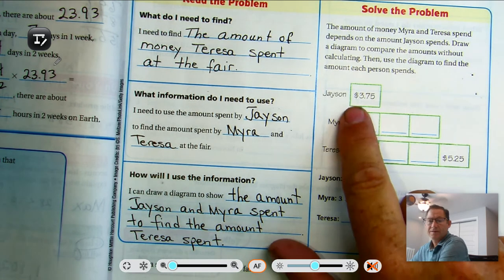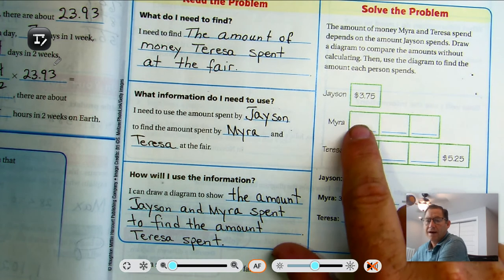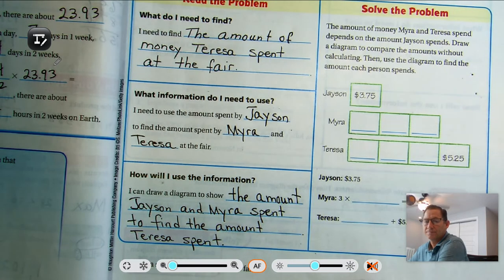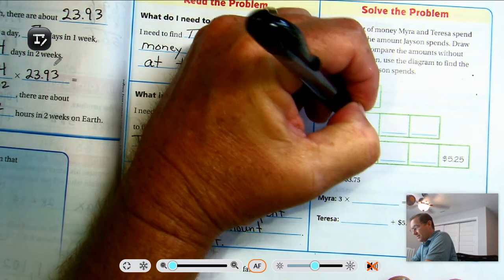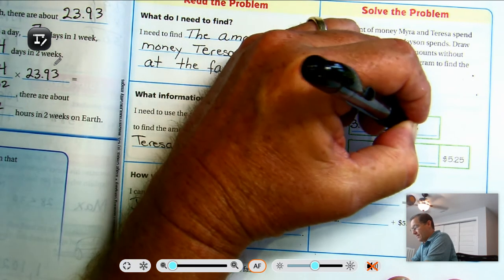So we were given the amount that Jason spent. He spent $3.75. Myra spent 3 times as much. So 3 times as much will be 3 times 3.75.